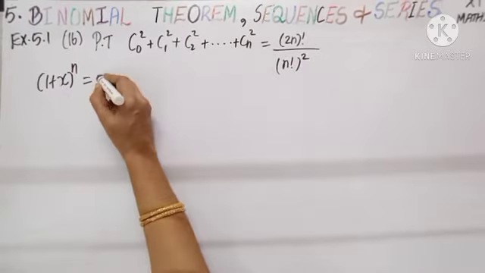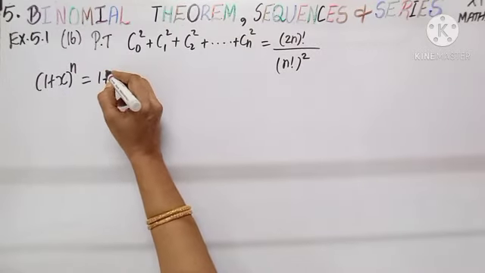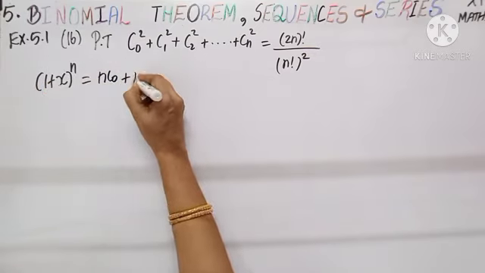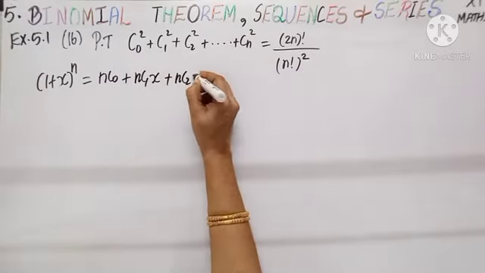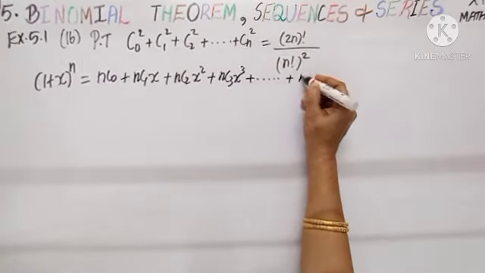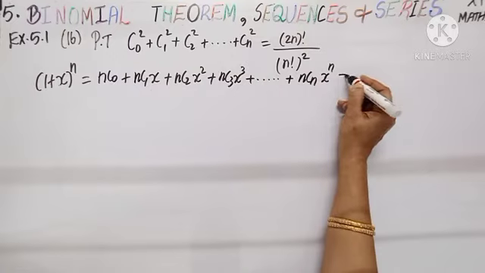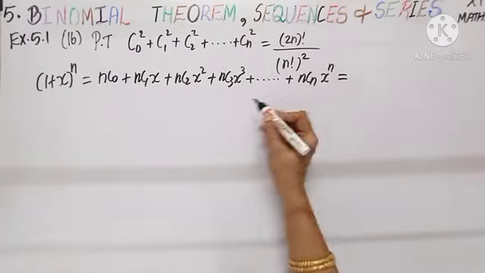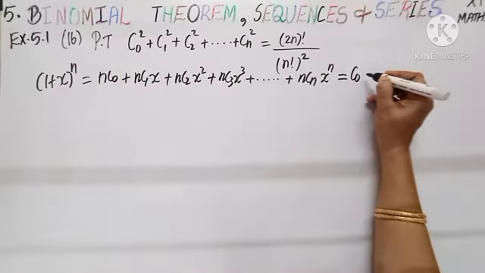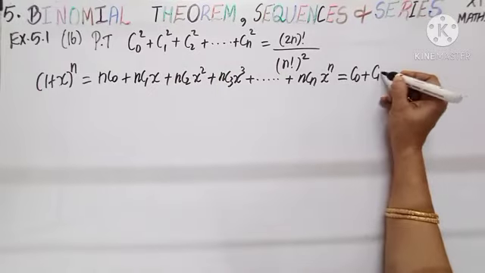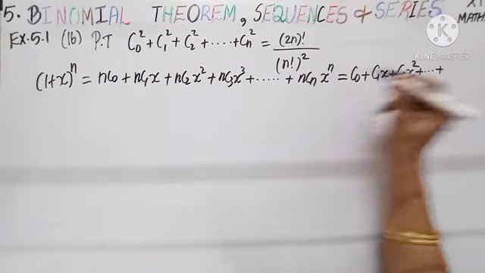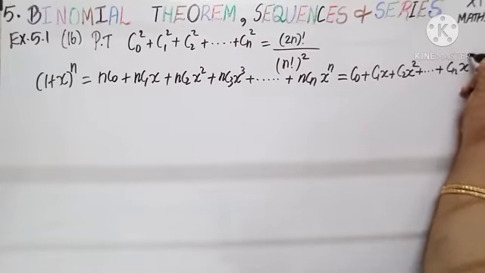What is the formula? nC0 plus nC1 x, nC2 x square, nC3 x cube and so on up to nCn x power n. This I rewrite as instead of nC0 we write C0, nC1 we write C1, nC2 we write C2 and so on up to Cn x power n.